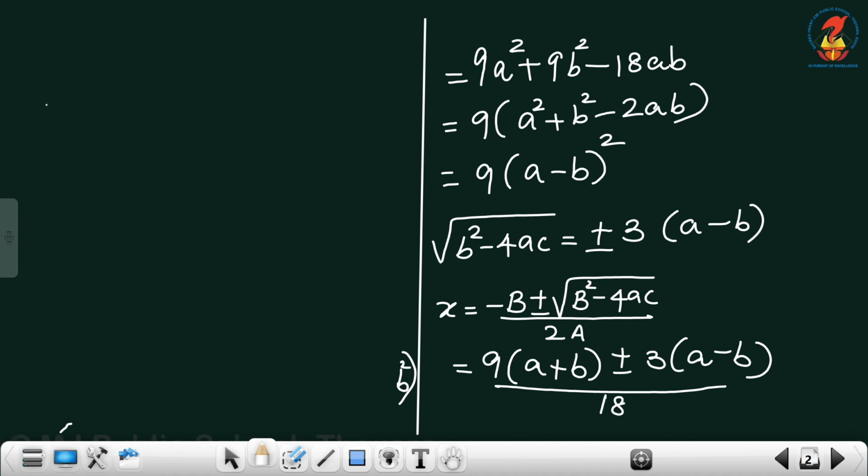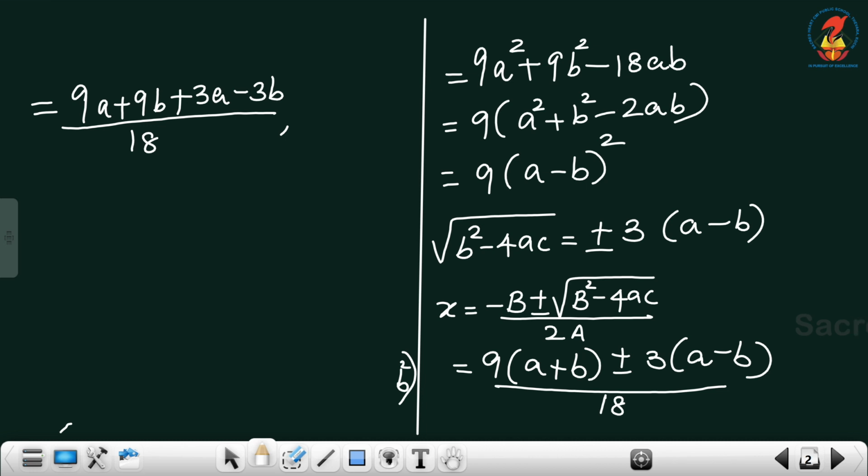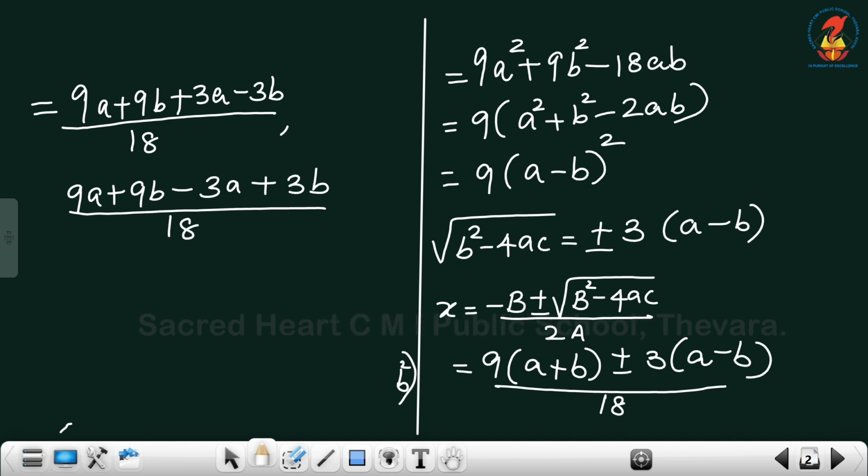You can write this as (9a + 9b + 3a − 3b) divided by 18. This is the first one. Second one is (9a + 9b − 3a + 3b) divided by 18.